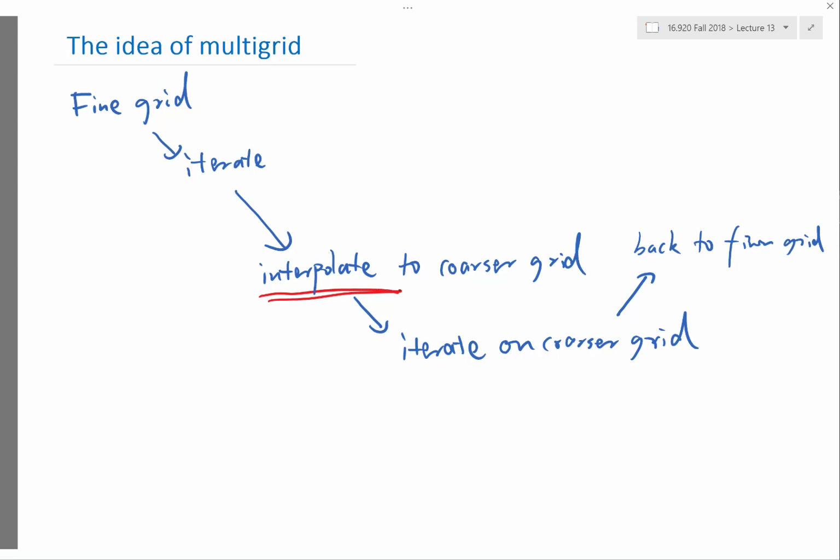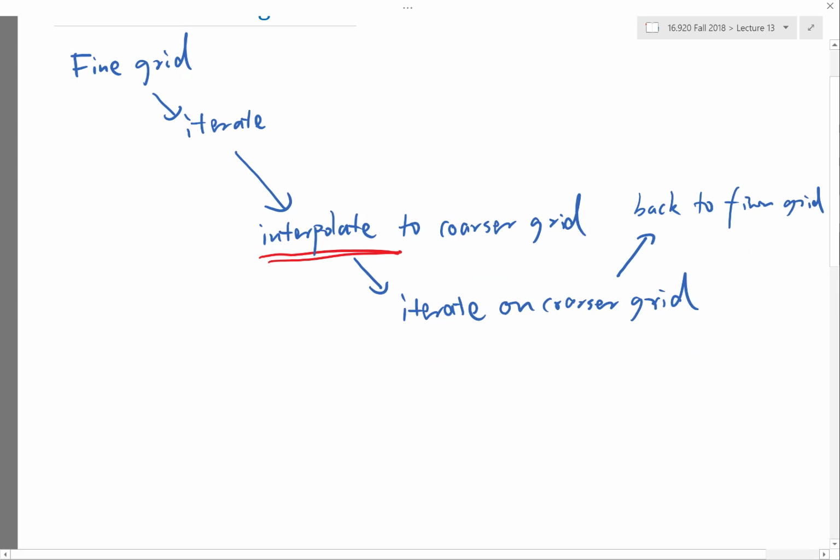We do the next best thing: we interpolate the Laplacian operator, or the matrix, operated on the solution error. What is the matrix operated on the solution error? Let's take a look. We are solving Ax = b.